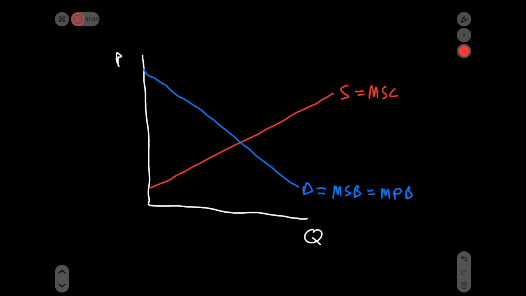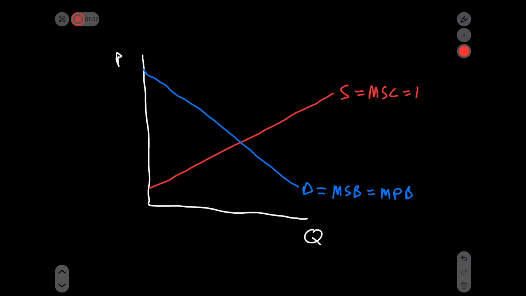And likewise, our suppliers, here represented by our market supply curve, they are incurring costs of producing this good. So the marginal cost of production, and those are also internal to this market.